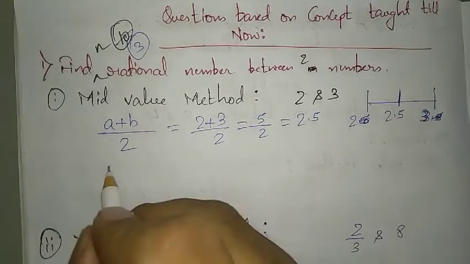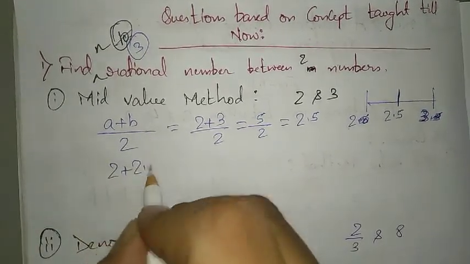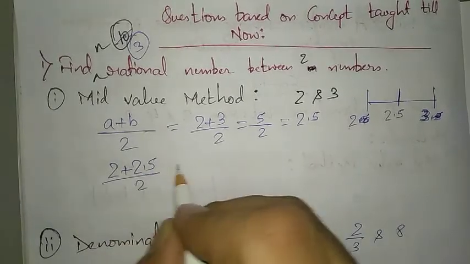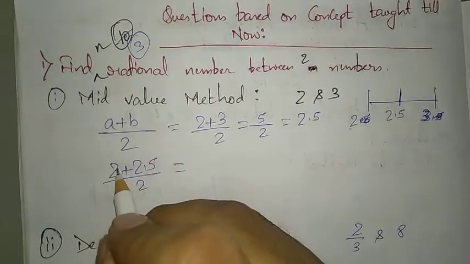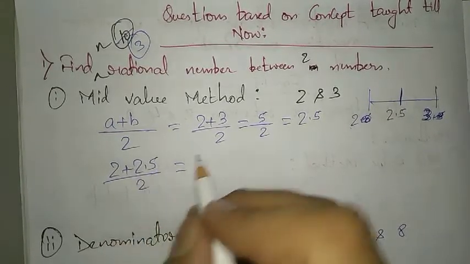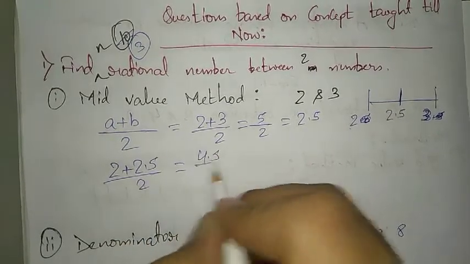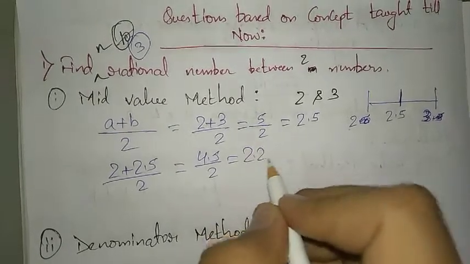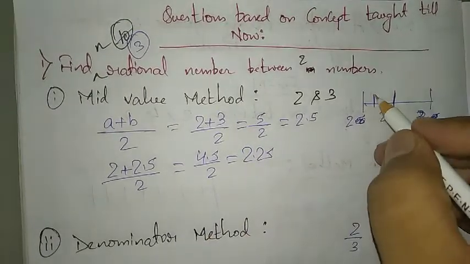So what is the rational number between 2 and 2.5? According to the mid value method, we just need to take the average of that, meaning sum both and then divide by 2. 2 plus 2.5 gives you 4.5. 4.5 by 2 gives you 2.25. So we got one more number over here, 2.25.